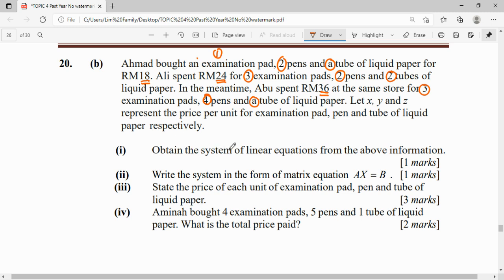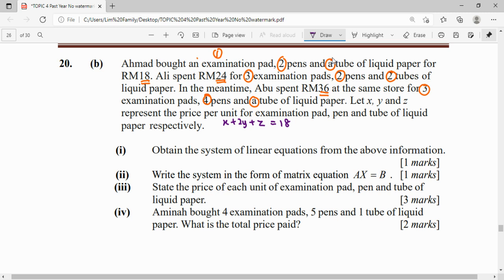So obtain the system of linear equations from the above information. First of all, we have to write out our equations here, where X, Y, Z will be according to the amount that Ahmad, Ali, and Abu spend. For Ahmad, it will be X plus 2Y plus Z, which totals 18 ringgit.